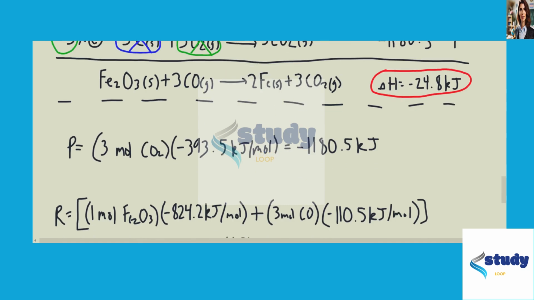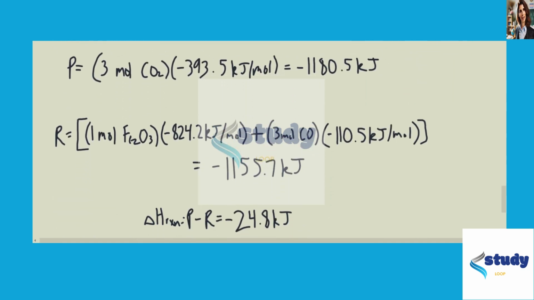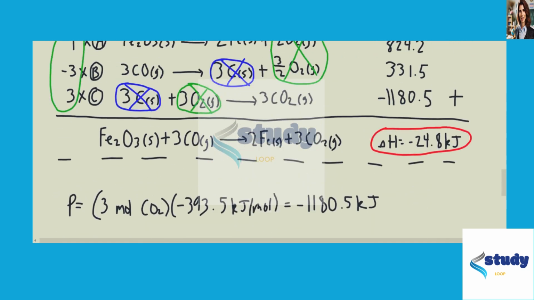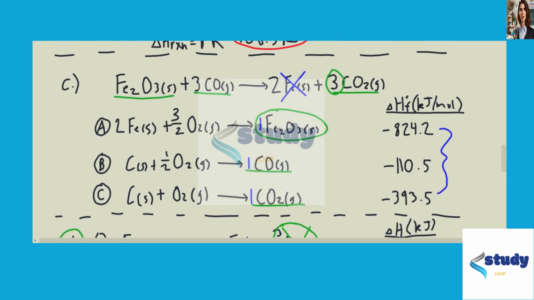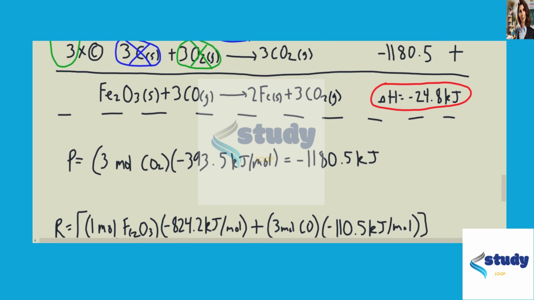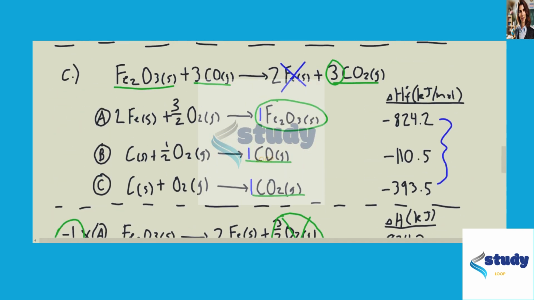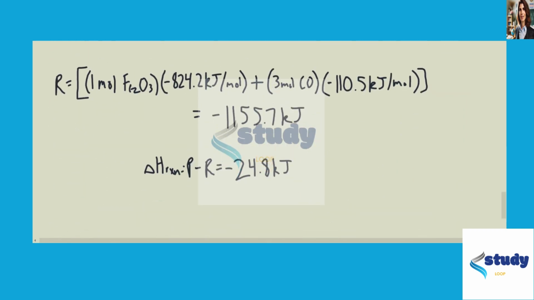And then again, we just need to verify that using the equation for the total enthalpy change of the products minus the total enthalpy change of the reactants. And we use the stoichiometric coefficients to see we have 3 moles of CO2 in the products, multiply it by its delta H of formation to get that value.